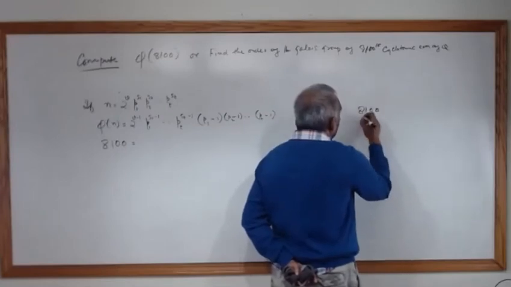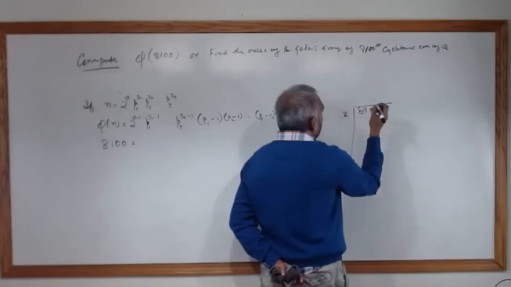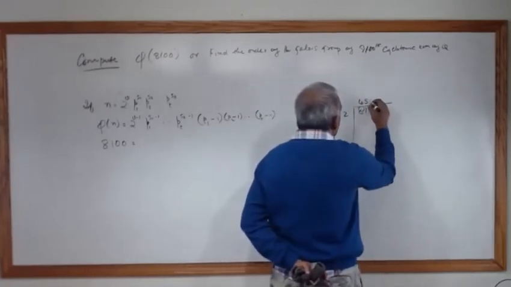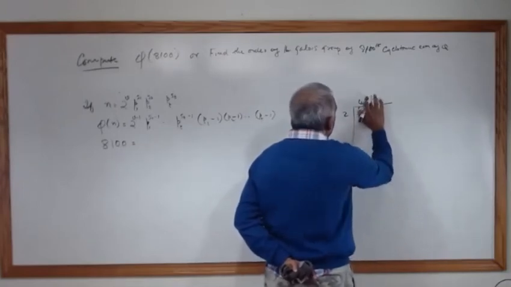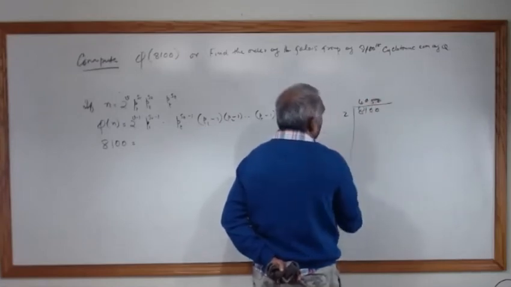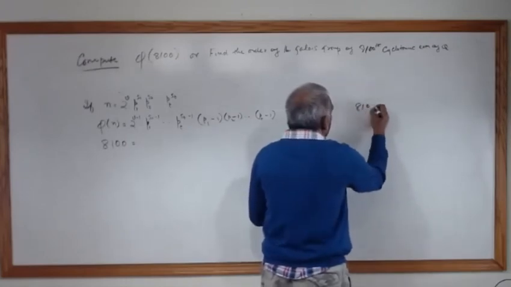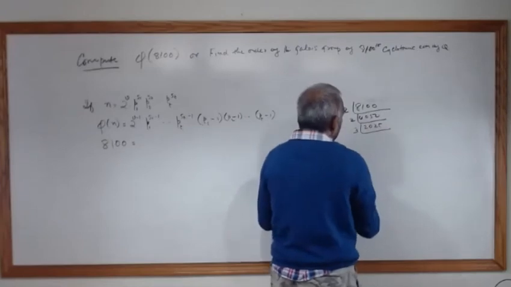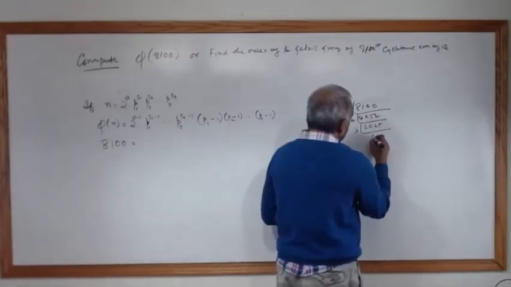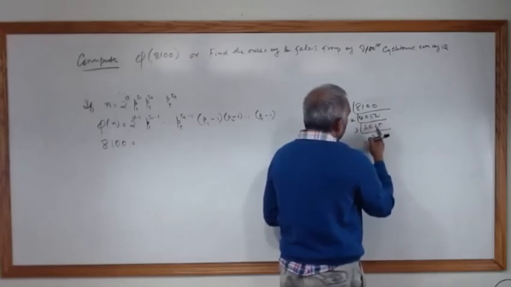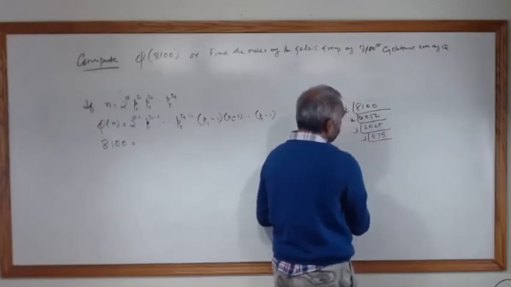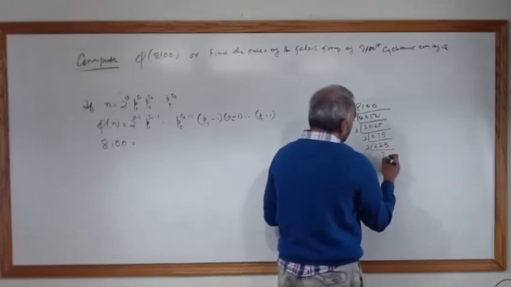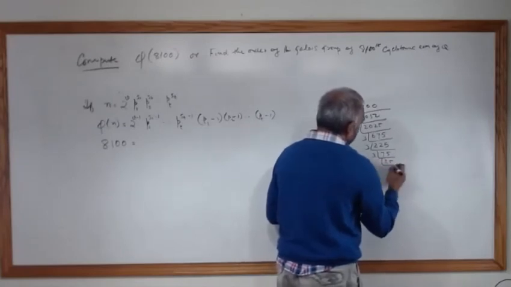So 8100, if you divide by 2, it's going to be 4050, then 2025. Then dividing by 3 again and again, and then by 5 and 5.